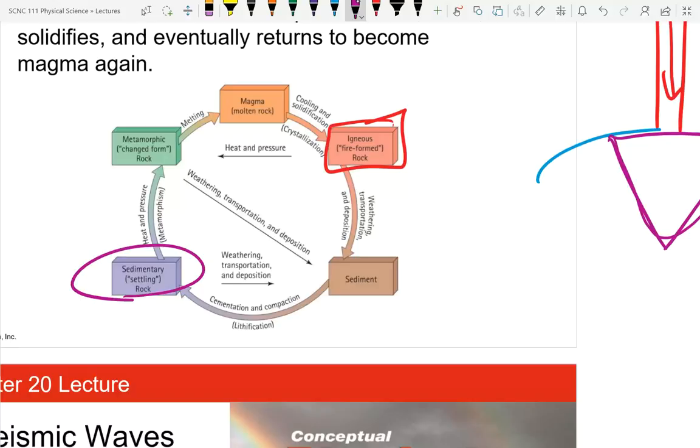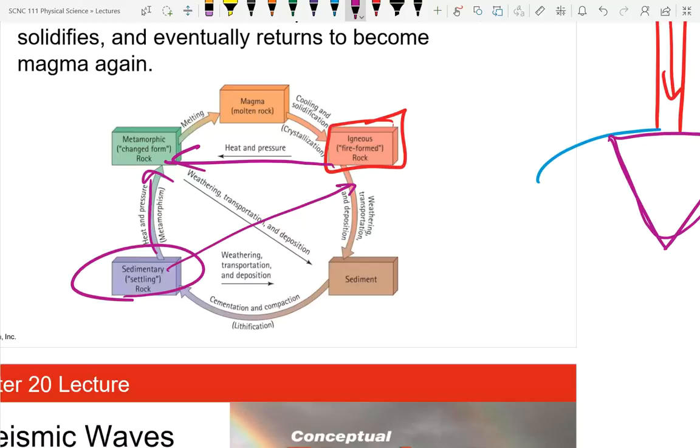Now you could have igneous rock go straight here, or you can have the sedimentary rock go here to metamorphism. You could also have sedimentary rock go to here, be weathered, and transported again. So the cycle does not have to be a circle. It's not the circle of life.